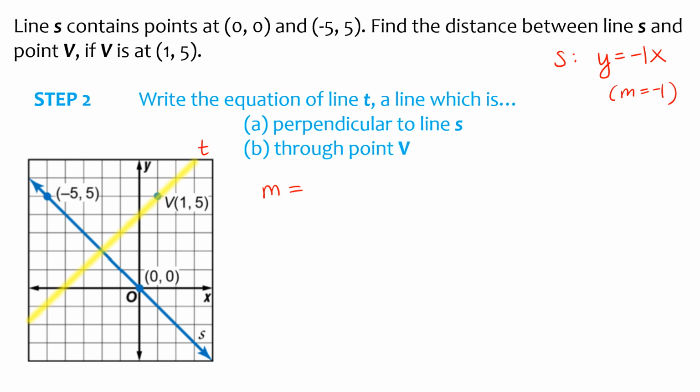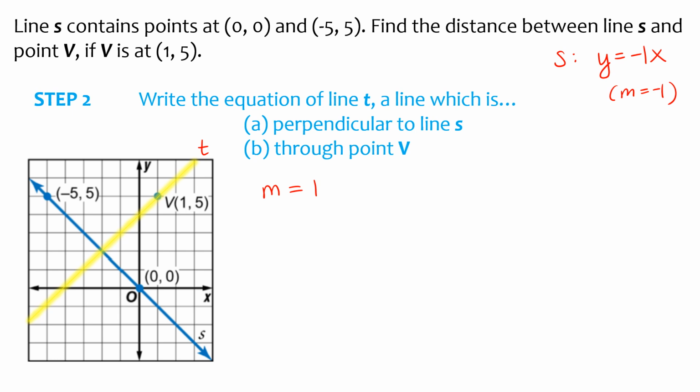Okay, so let's pretend -1 is written as a fraction, -1/1. Well, what happens when you turn 1/1 on its side? It's still 1/1. The opposite part means, of course, it's going to be positive. So our slope this time is just +1.